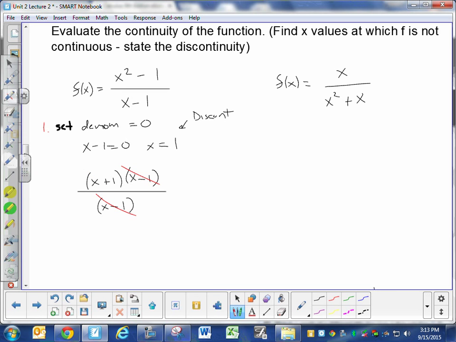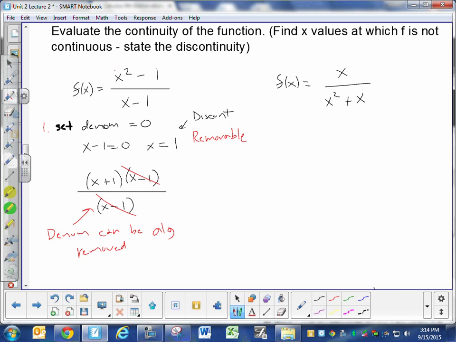However, this function will have a hole at x equals 1. Okay, so that's what we got.